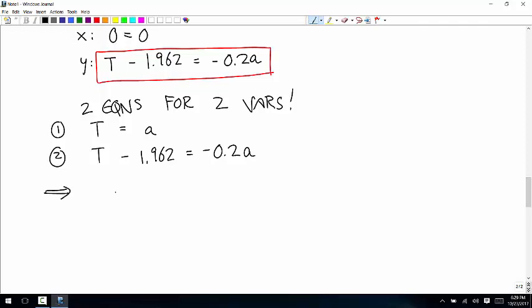So a minus 1.962 is equal to negative 0.2a. And now add 0.2a to both sides, and you get 1.2a minus 1.962 is equal to 0. I'll just do that over here. So 1.2a is equal to 1.962. And then can someone divide 1.962 by 1.2?